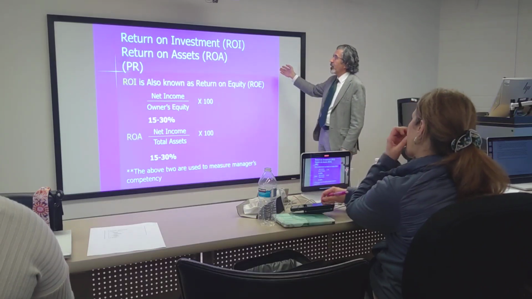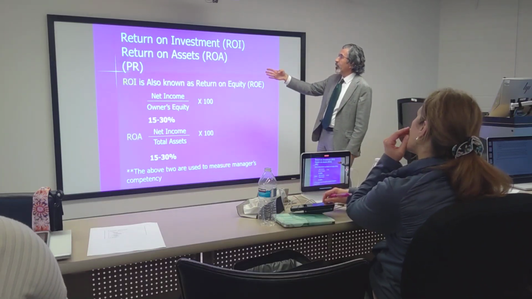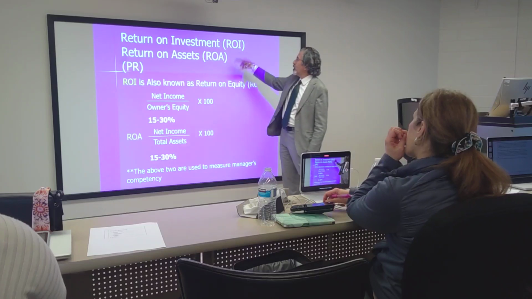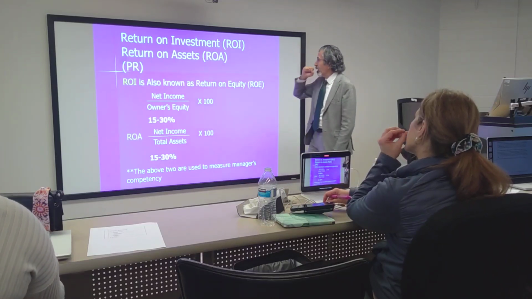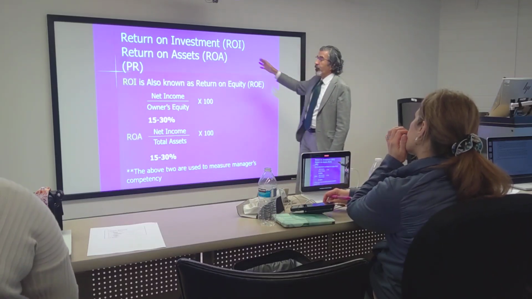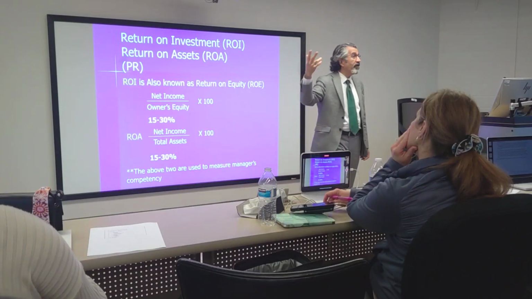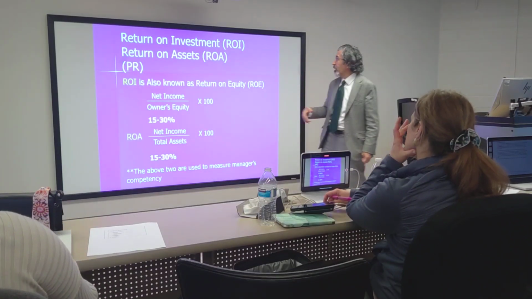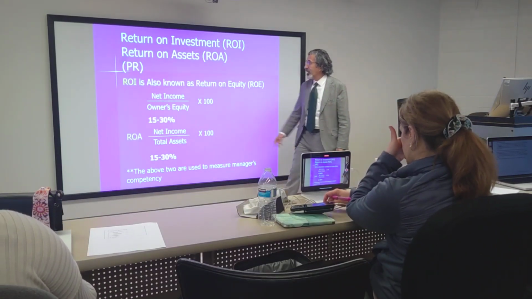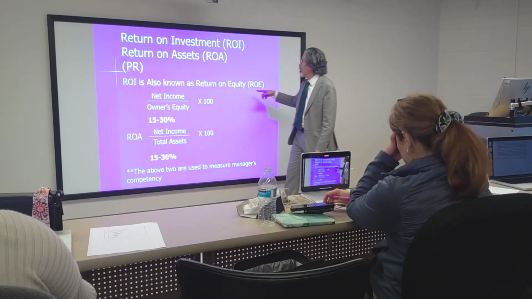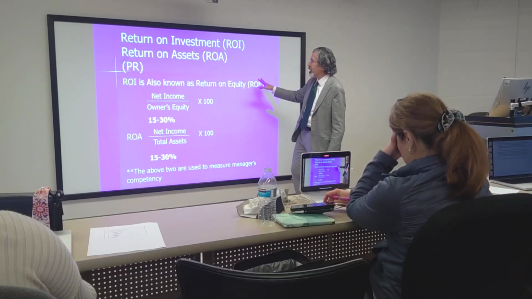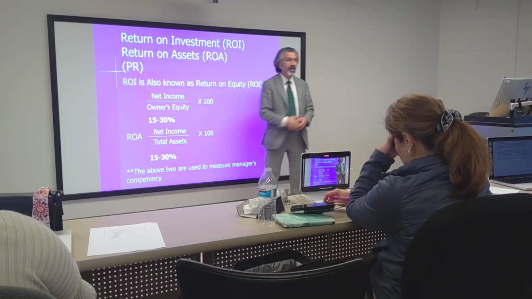Now, return on investment. You've also heard the term return on assets. These two terms you sometimes hear interchangeably. What's the return on my investment? ROI is also known as return on equity, that's another name, don't worry about that. It's net income over owner's equity.